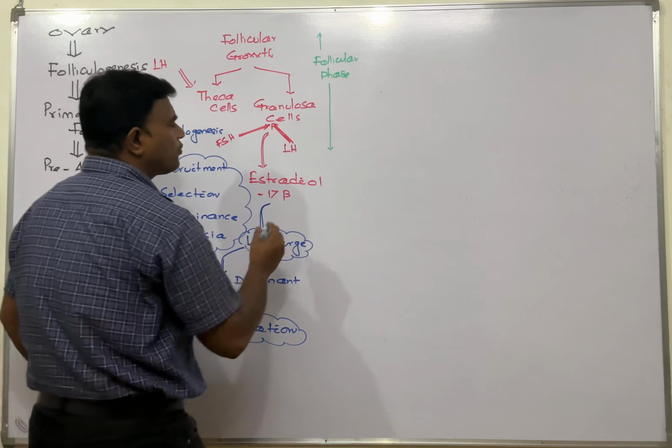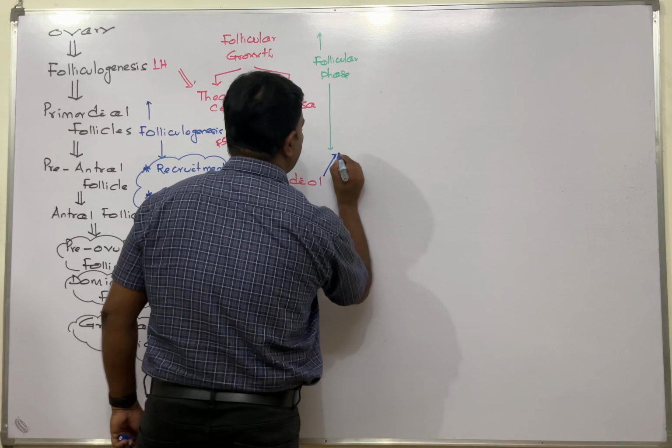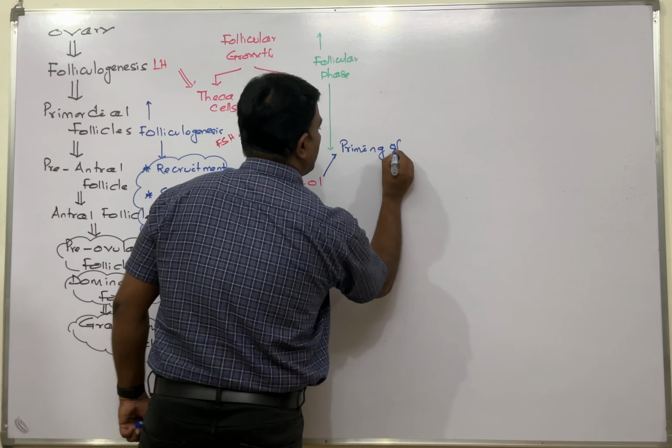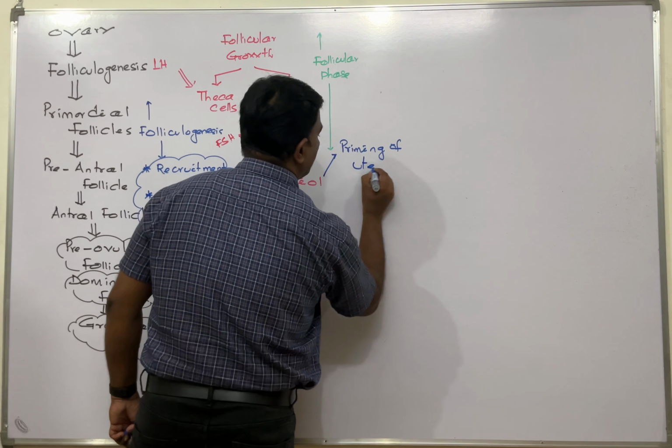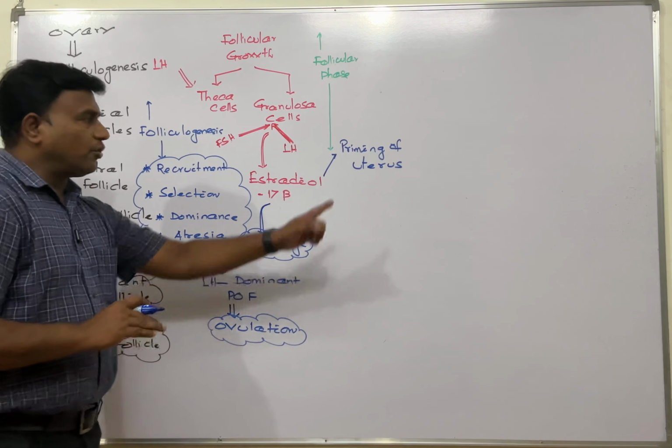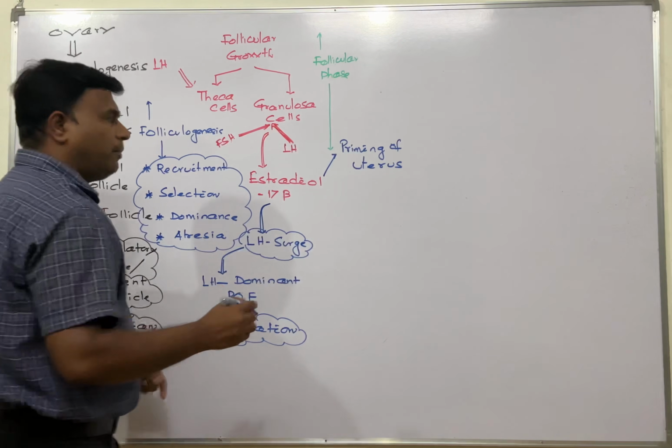What does it cause in the uterus? It primes the uterus, prepares the uterus, priming of the uterus. Now you can understand why the menstrual cycle is known as the ovarian uterine cycle, because the uterus is now starting. What is priming?